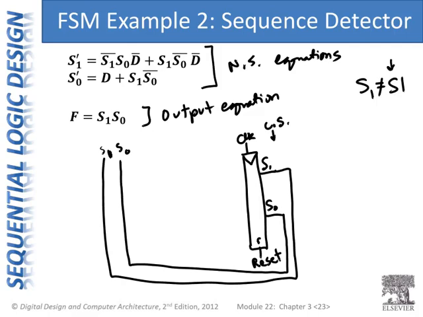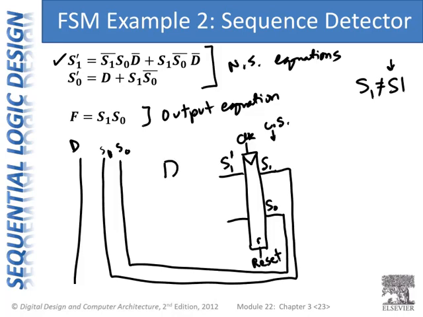And then we also bring in our inputs. In this case, we have a single input D. Now we're going to use the current state and the inputs to determine what the next state should be, given our next state equations. We start with S1 prime.